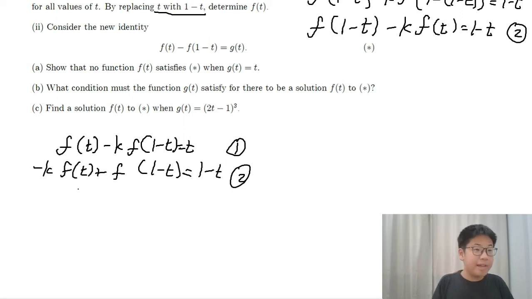So, when we eliminate, we compare the coefficients of f(1 minus t). This has a coefficient of negative k, and this has a coefficient of 1. So, we add 1 to k times 2. How do we multiply an equation by k?